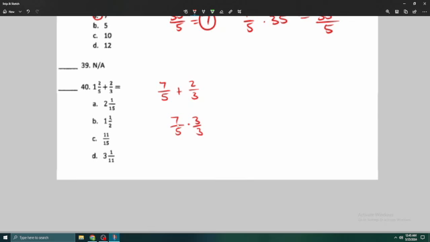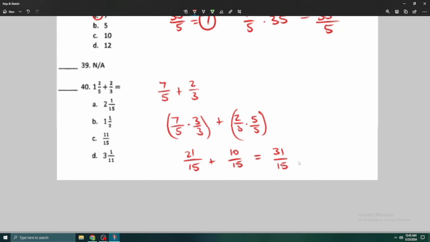That's just 1, right? Plus 2/3, I'm going to multiply by 5 over 5. Again, that's just 1. 21 over 15 plus 10 over 15. That gives me 31 over 15.